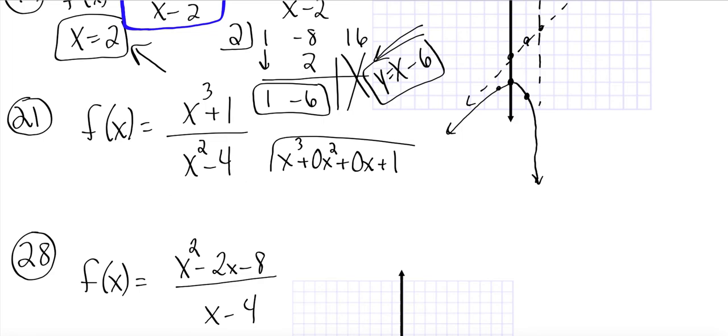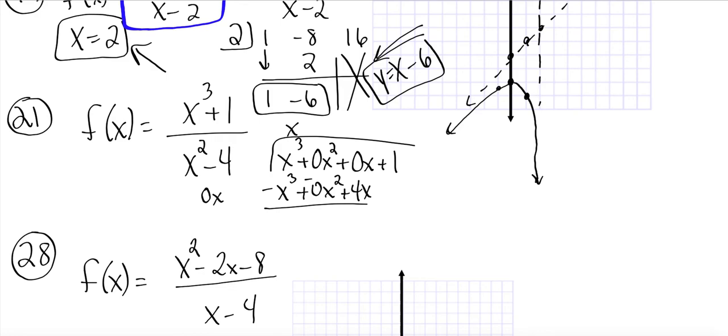Okay, so we look at the front two terms. X cubed divided by x squared gets me to an x, and then I have to multiply that through. I would get x to the third, and then we maybe want a 0x in here also, just for a placeholder. So it'd be plus 0x squared plus a 4x, and then we're subtracting those.